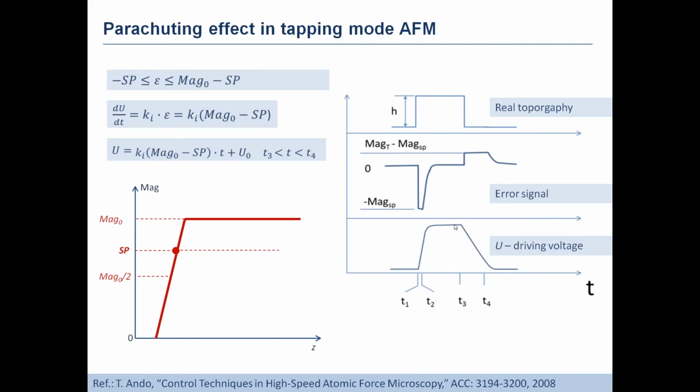So the parachuting is the behavior of the cantilever and behavior of the scanner and the corresponding artifacts that appear in time when the cantilever does not interact with the sample, before the feedback system will move the cantilever back to contact, back in interaction with the sample.